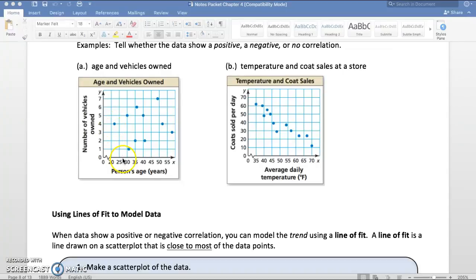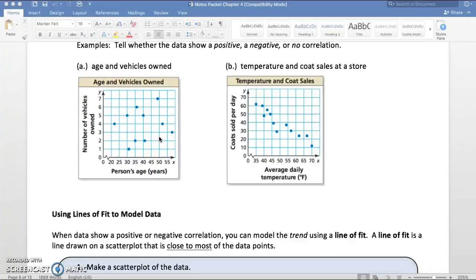Okay, we're at 4. 30, we've got 1 or 5. 35, we've got 2 or 6. 40, we have 2 or 5. Around 50, we have 4 or 7. 55, we have 3. There's all these spaces in between.